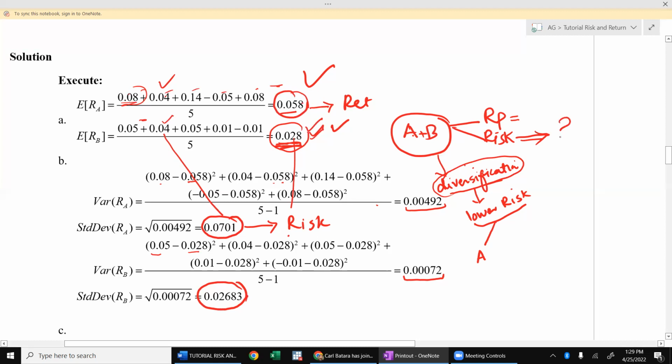If I calculate this risk, will it be higher than the risk of A, or higher than the risk of B, or in between? So what do you expect?